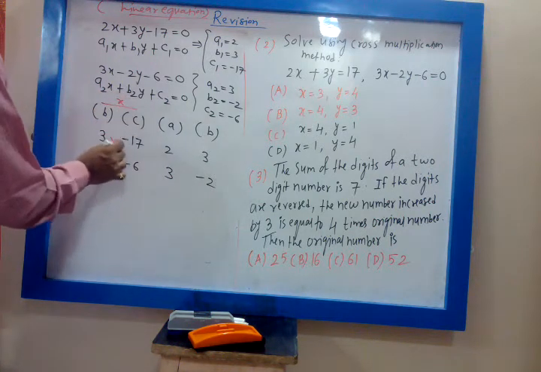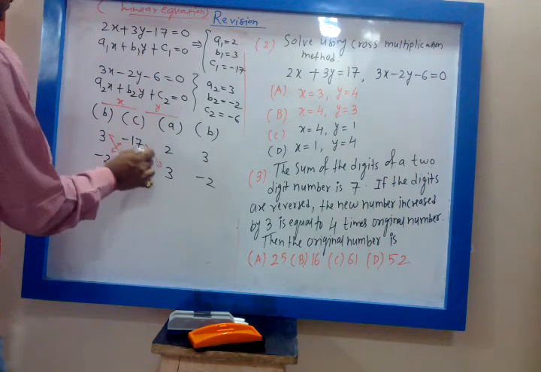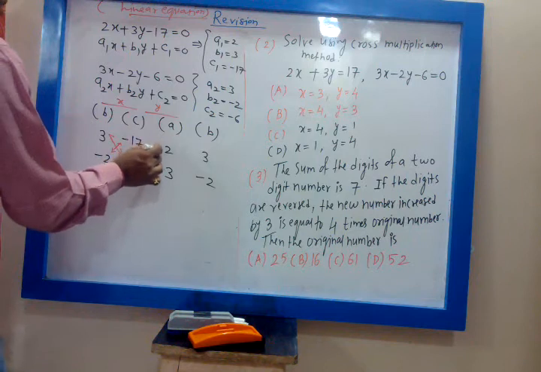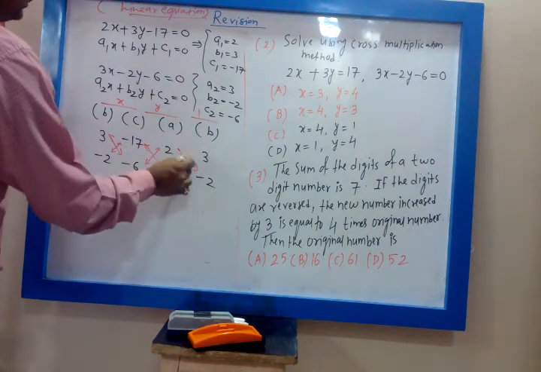X upon cross multiply. Then this will be y upon cross multiply. Cross multiply and subtract. And this will be 1 upon cross multiply and subtract.